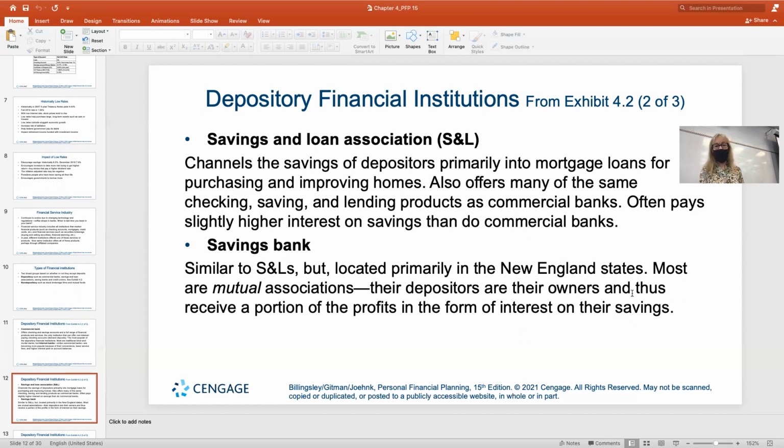They're very similar to savings and loans, but they're mainly in the Northeast. Savings and loan associations got started primarily to give people mortgages. So just think of a savings and loan as a commercial bank, except they're mainly focused on giving people mortgages. You tend to get a slightly higher interest rate than at a commercial bank.